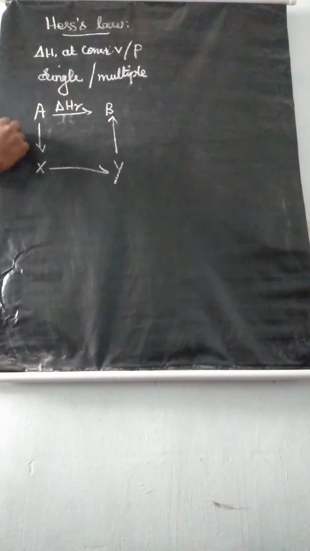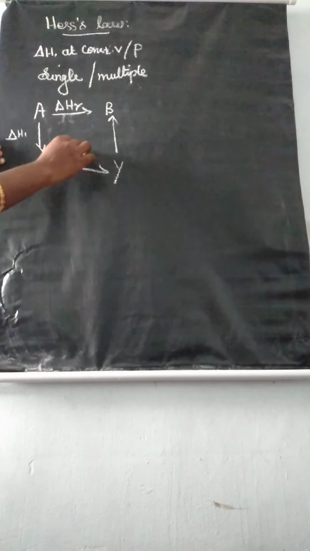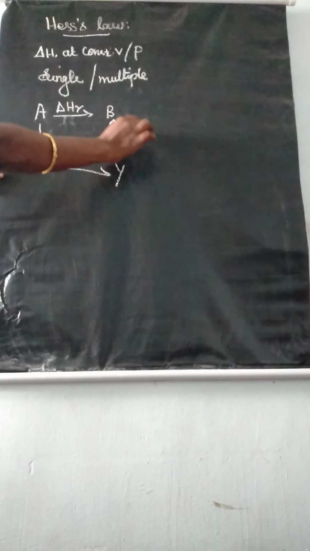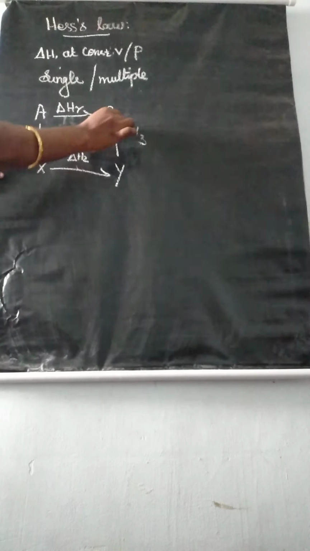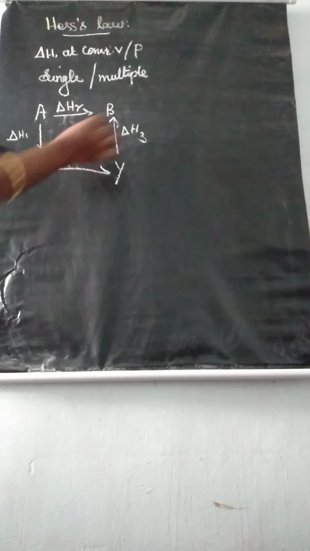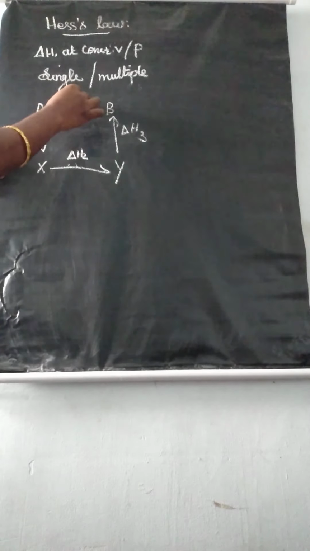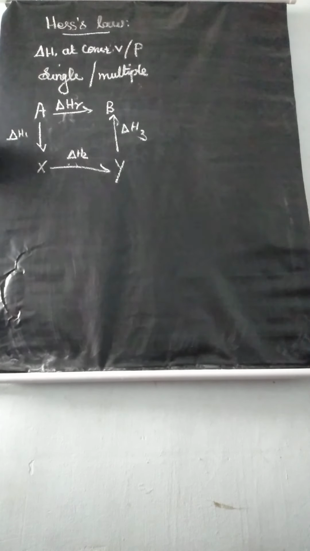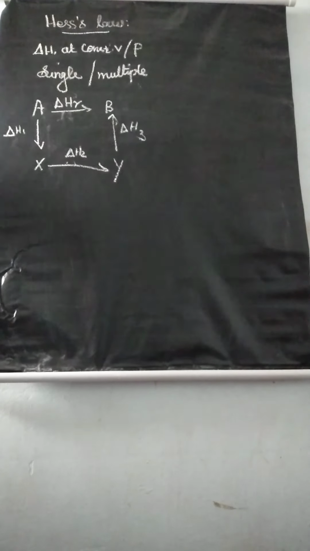You consider this one as delta H1, this as delta H2, and this as delta H3. If you add these values, you will get the product. Just add these values, and the enthalpy of reaction value and this sum are the same. This is what we call Hess's law.